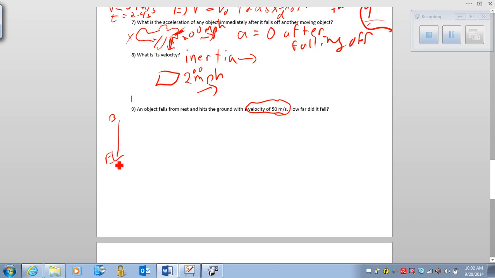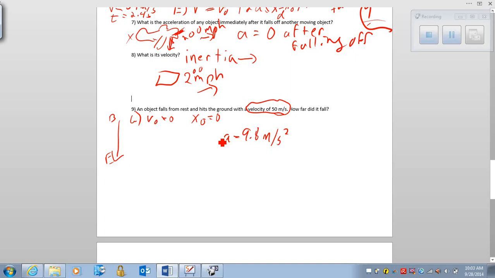Okay? And for our givens, anytime an object falls from rest, we know that its initial velocity was equal to 0. We know that its initial position was 0. We can set it equal to that. And we know that the acceleration is equal to 9.8 meters per second squared because it's falling in the Earth's gravitational field.